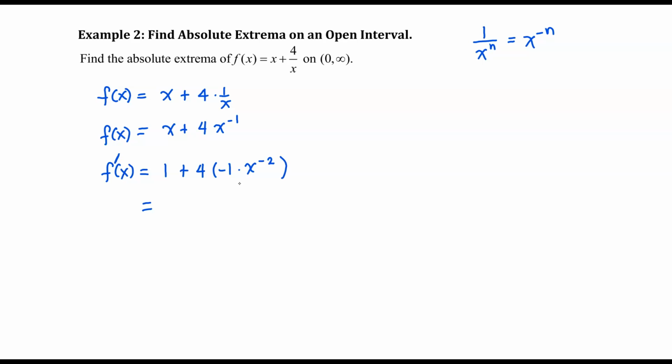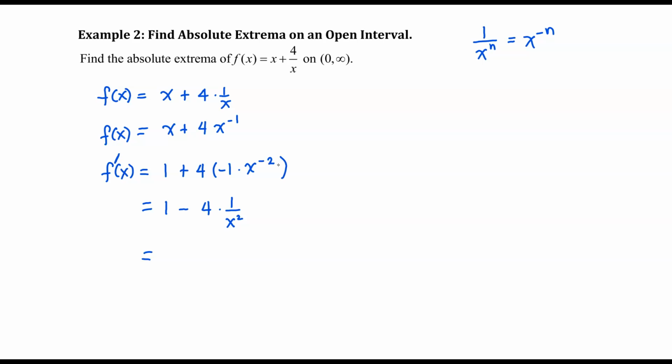Since we want to get the 0 of the derivative, we will have to simplify this. So this is 1, and the second term becomes negative 4 because of the negative 1 here. And remember, if you have a negative exponent, x to the negative n is equal to 1 over x to the n. So x to the negative 2 is 1 over x squared.